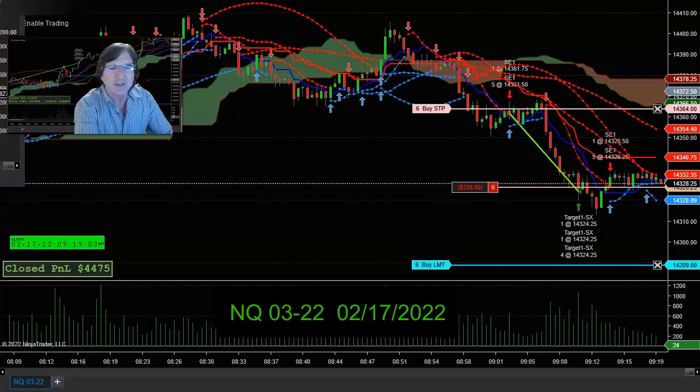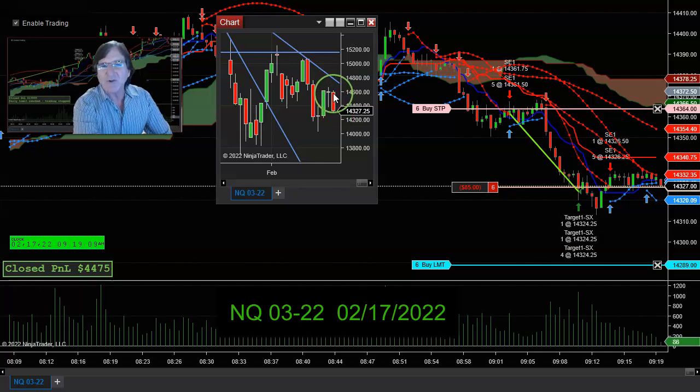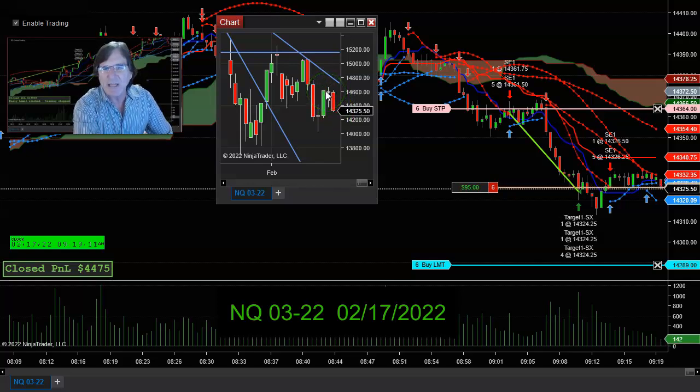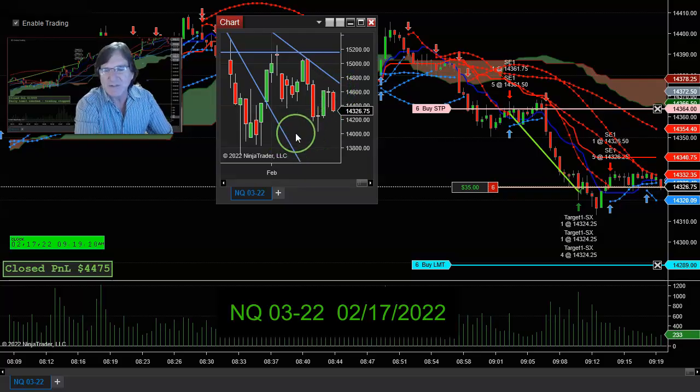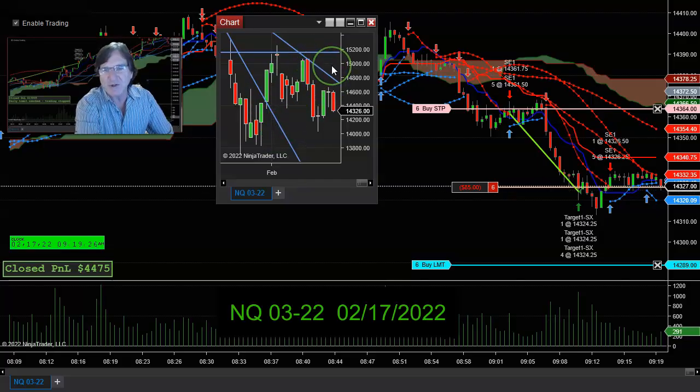Let's take a look at the daily candlestick at this moment. This represents price today. Yesterday we had a cross type candle, right? And you can see we're still respecting this downtrend line, and we're floating around in the upper half of this range that we've created with the previous trend line and the current one.